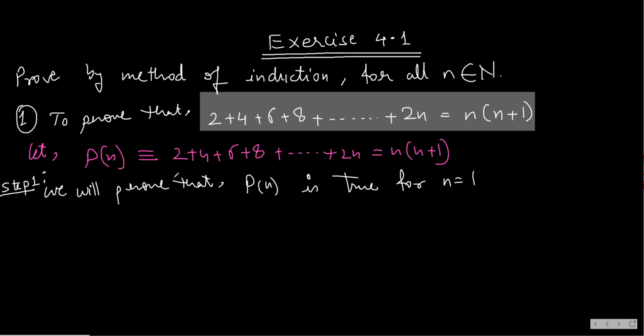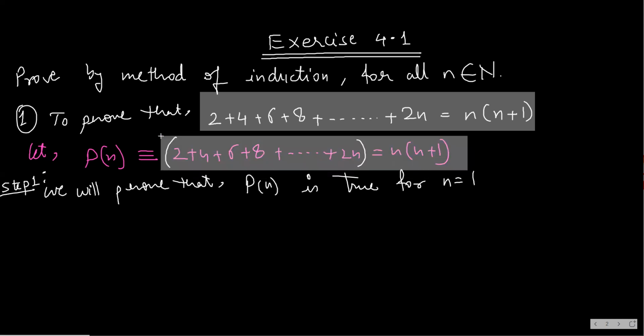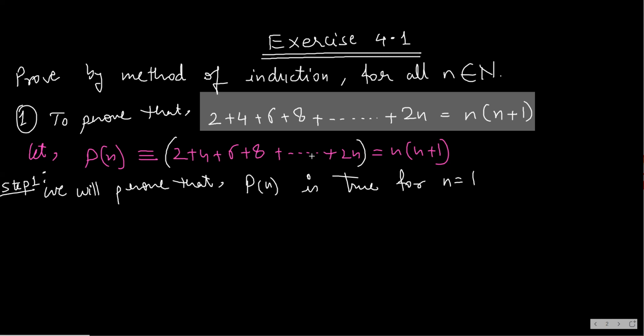Okay, so how do you prove it? Very simple. On the left hand side, you put n equals 1. This is the proposition that you want to prove for n equals 1.